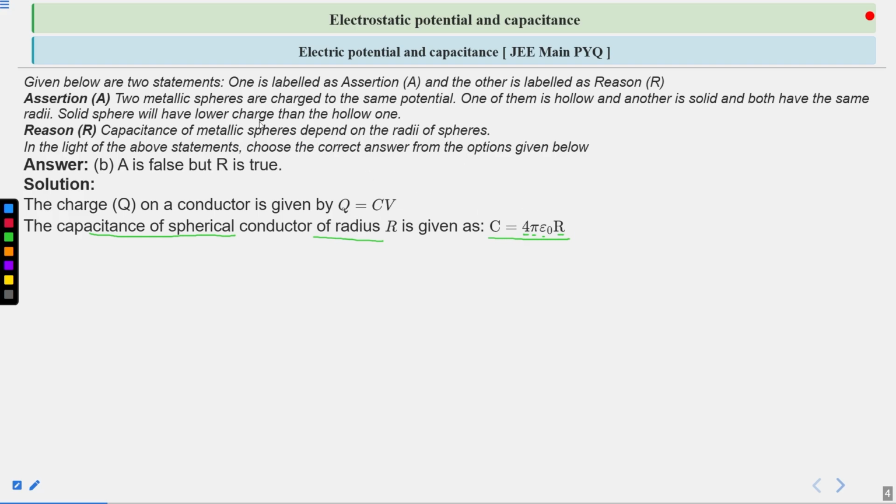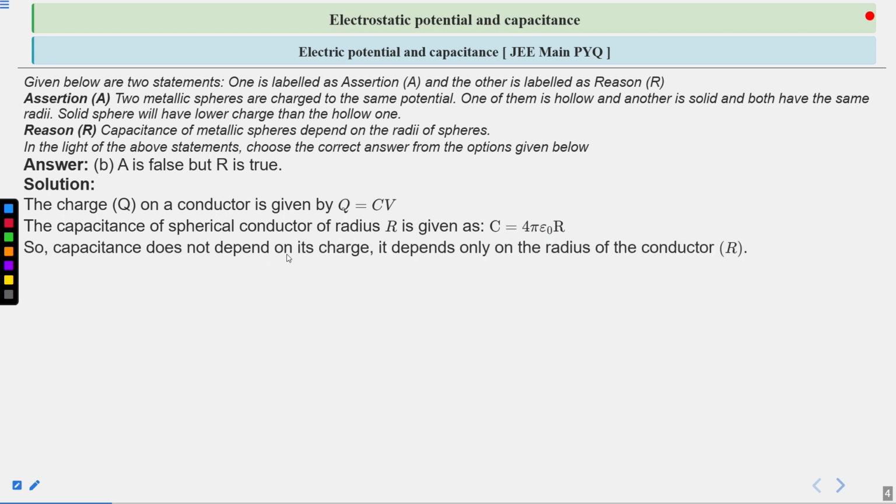Now let us see whether the assertion is true or false. Capacitance does not depend on its charge. It only depends on the radius of the conductor according to this relation. Now we can see that Q equal to CV and both the spheres have the same potential. Both the spheres have the same radii.